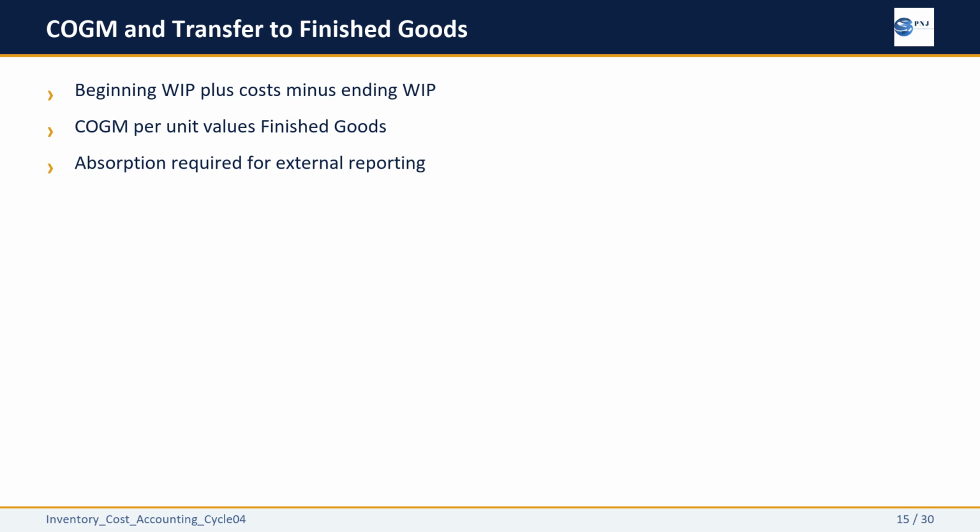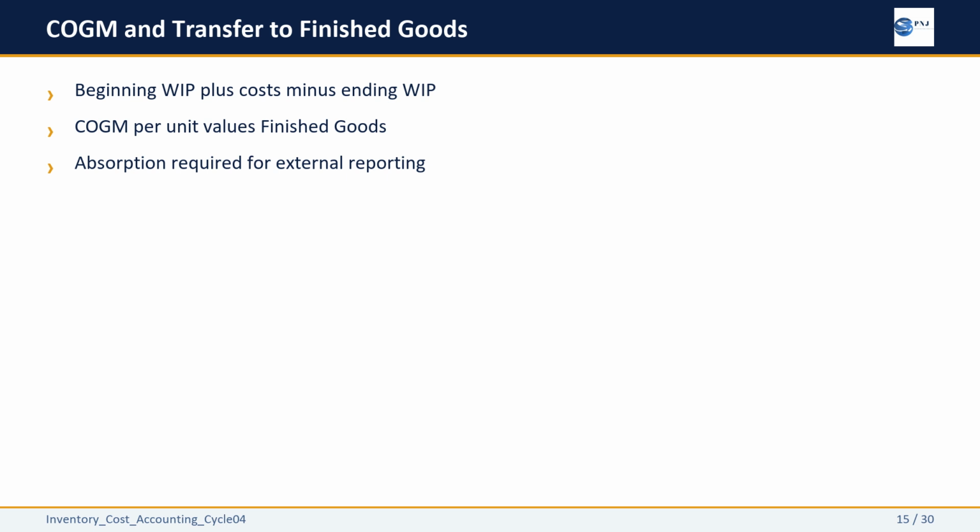Phase C closes with cost of goods manufactured, the COGM. The statement is beginning WIP plus total manufacturing cost minus ending WIP, where manufacturing cost is materials used plus direct labor plus applied overhead. Divide by units completed, and you get the per unit value carried into finished goods.